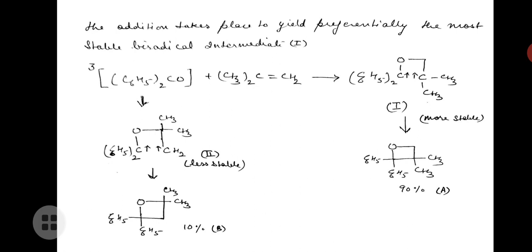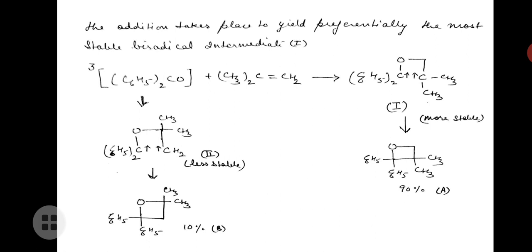The whole reaction occurs basically in two steps. In the first step, the excited carbonyl compound in the triplet state adds through its oxygen atom to the olefin and forms two biradical intermediates, first and second. The first biradical is tertiary and is more stable than the second one. The second one is less stable.